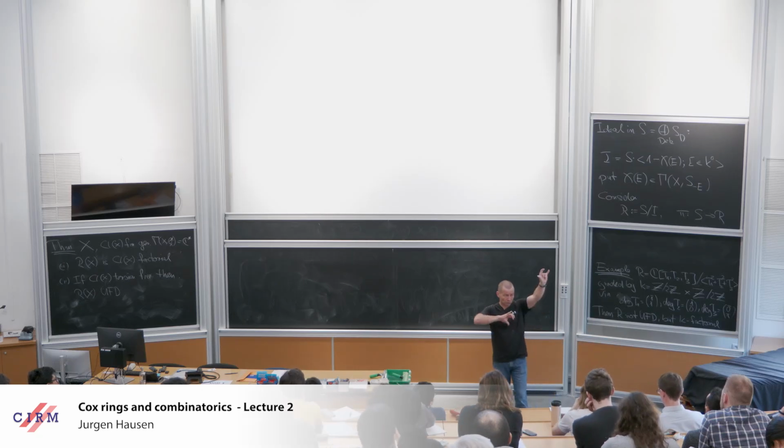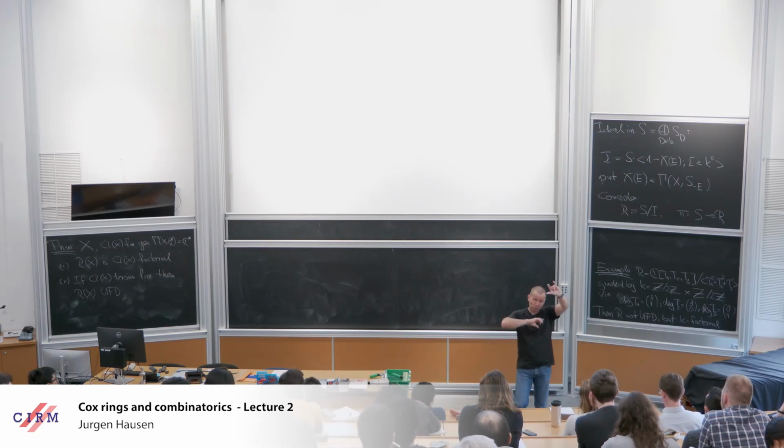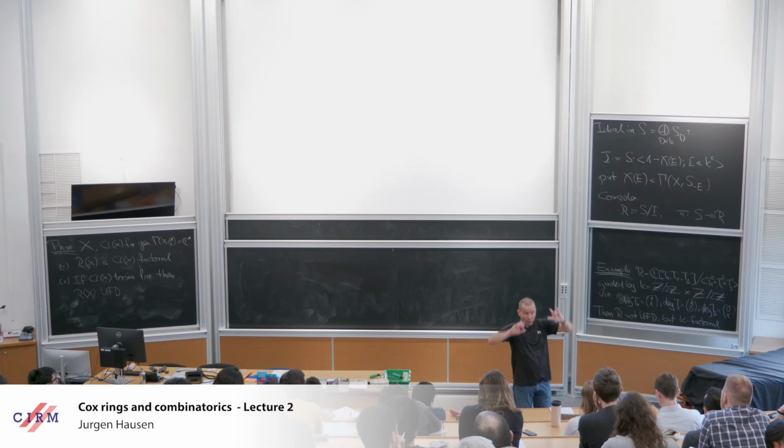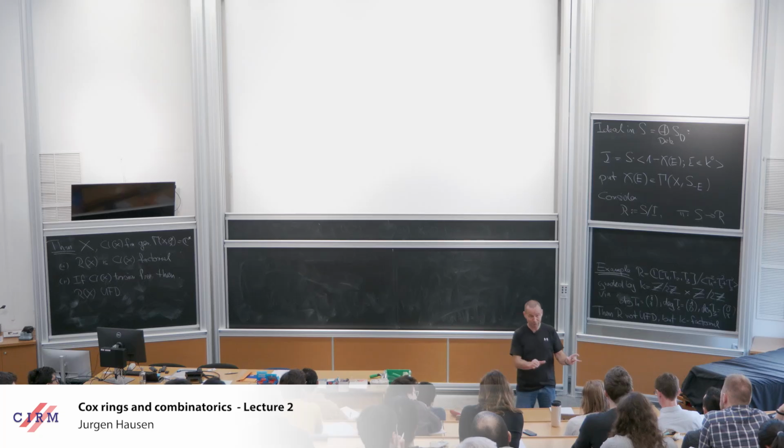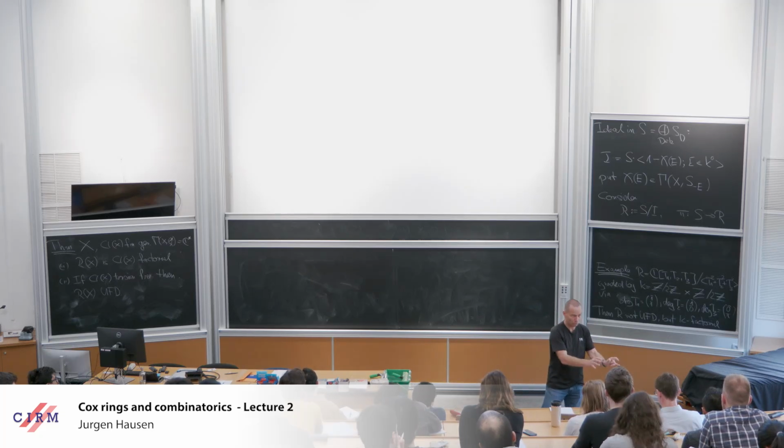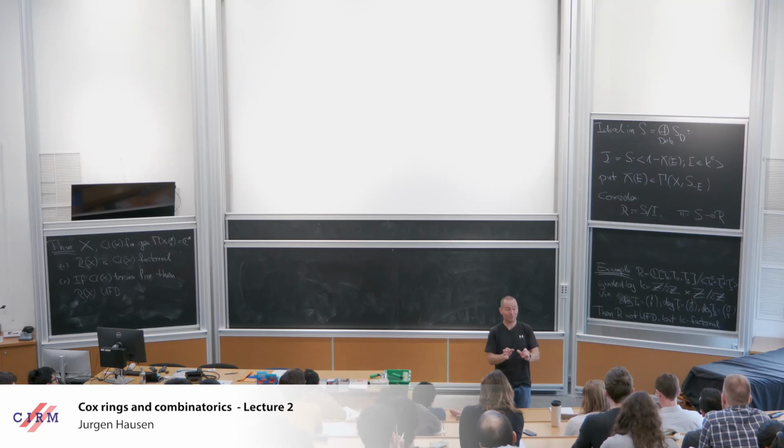If you have two homogeneous sections and I want to know if one divides the other, then I look at the divisors, and we get this beautiful relation as in formal life. F divides G if and only if the divisor of F is less or equal to the divisor of G. So divisibility is expressed in terms of these divisors.